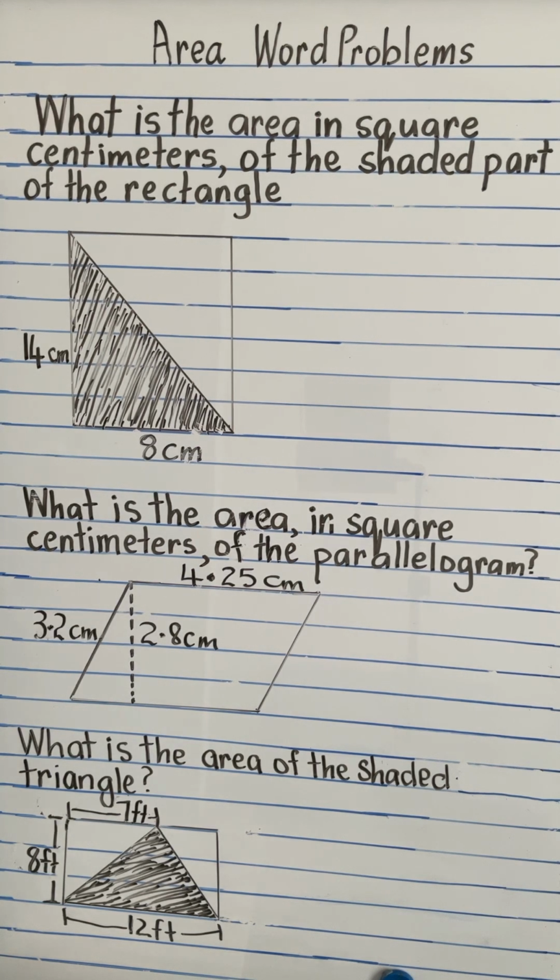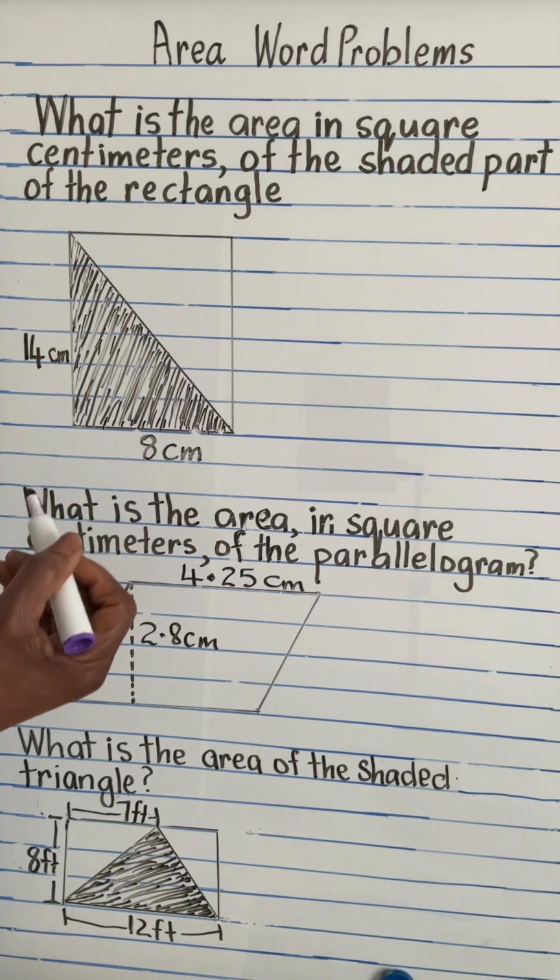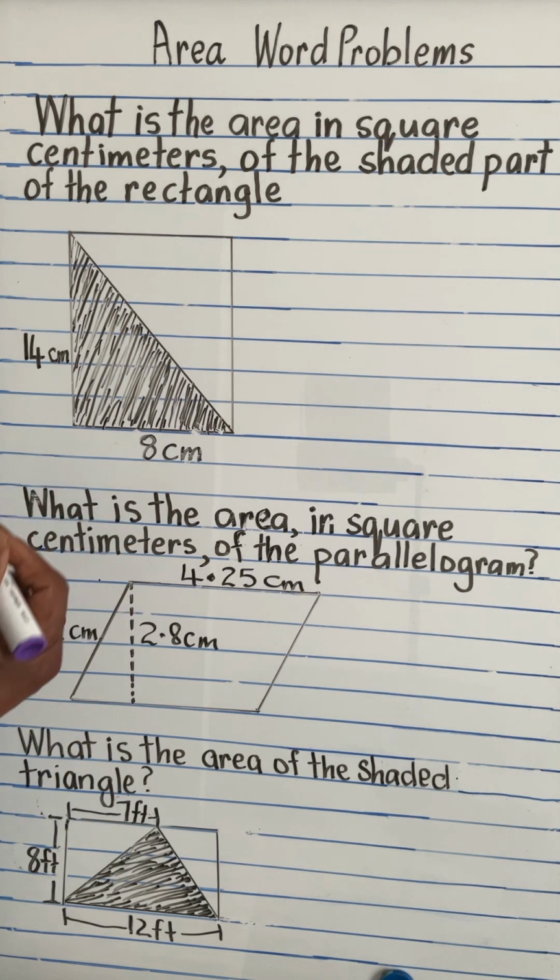The shaded part of the rectangle is this part right here. So the shaded part we notice is a triangle.